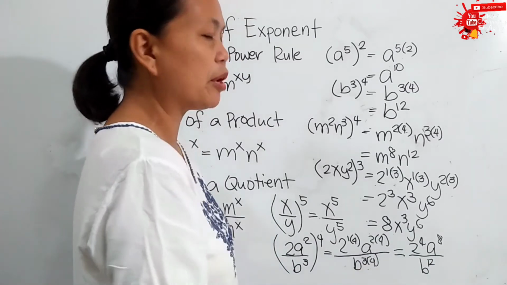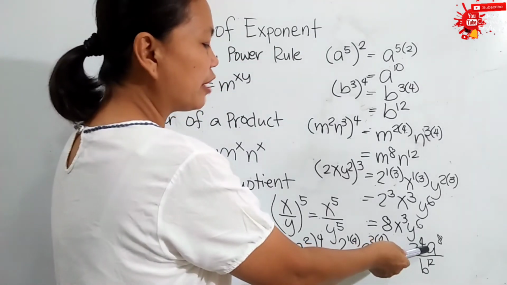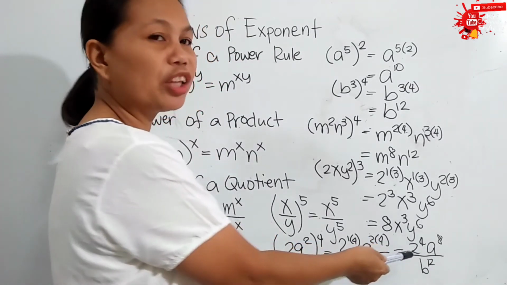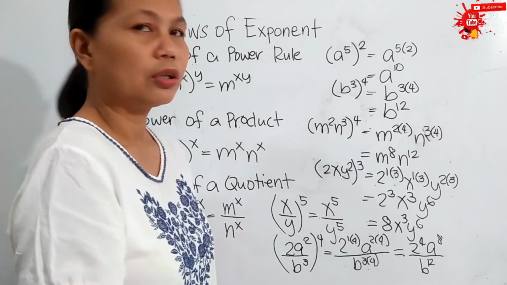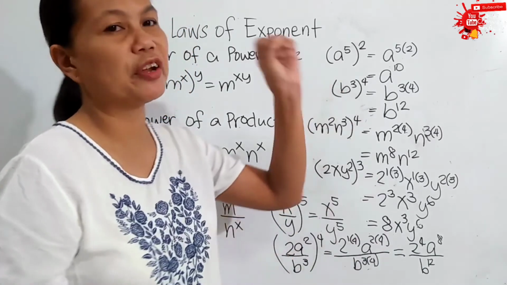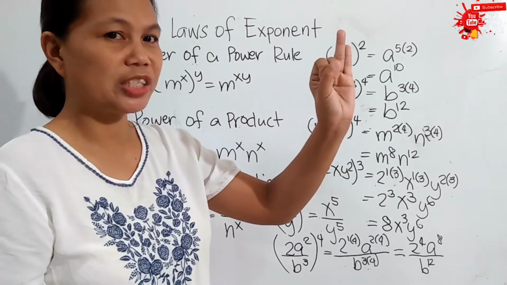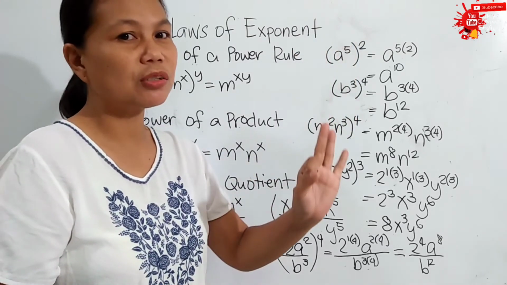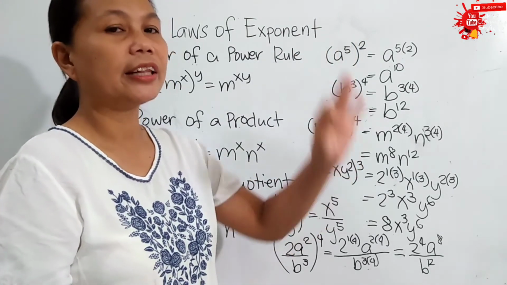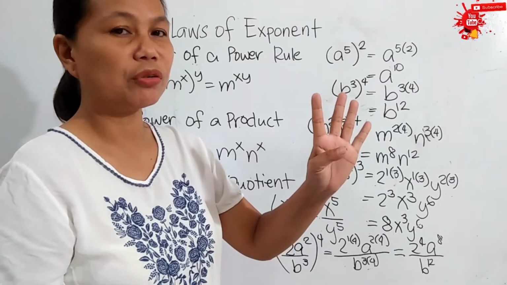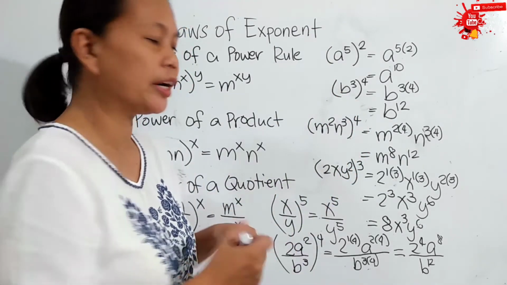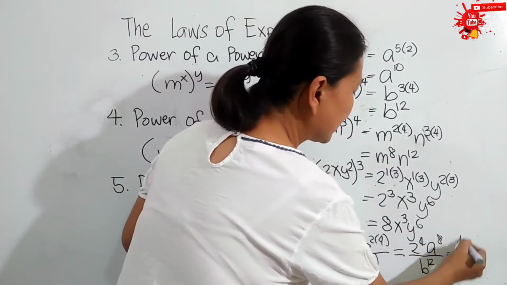We have the exponent 4. It means that we will multiply 2 to itself 4 times. So we have here 2 times 2, which is equal to 4, times 2, which is equal to 8, times 2, which is equal to 16. So 2 raised to 4 is equal to 16.